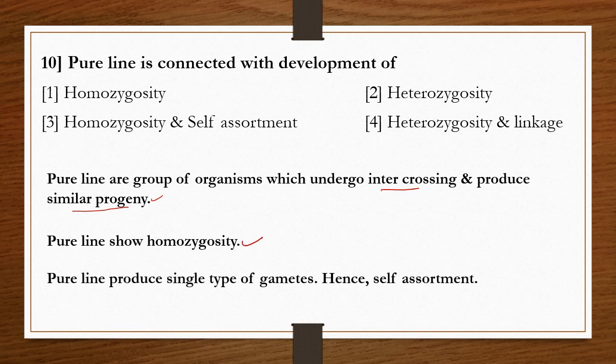Due to homozygosity, the pure line produces a single type of gamete, hence they show self assortment. So the correct answer based on this information: pure lines show homozygosity, and due to this homozygosity they form a single type of gametes, that is self assortment. So the correct answer is option 3.